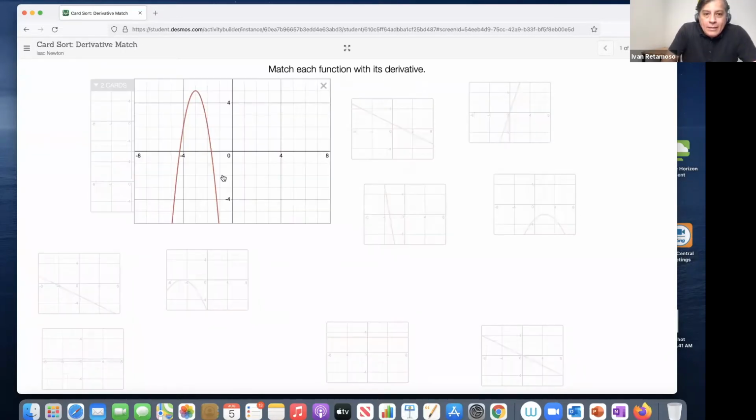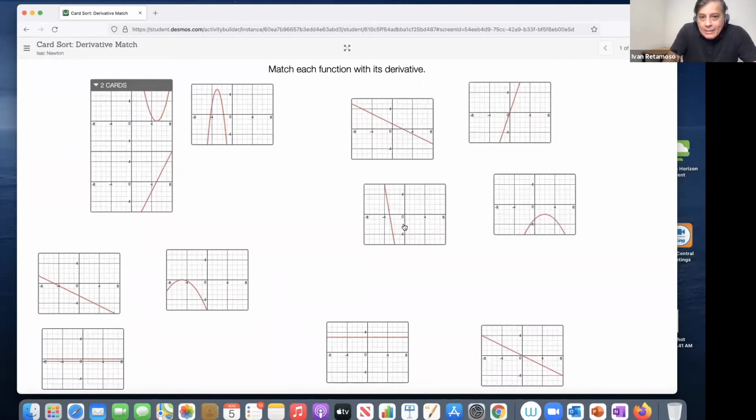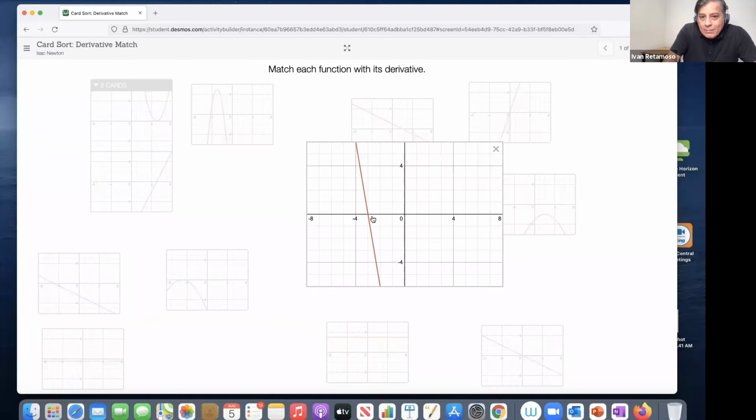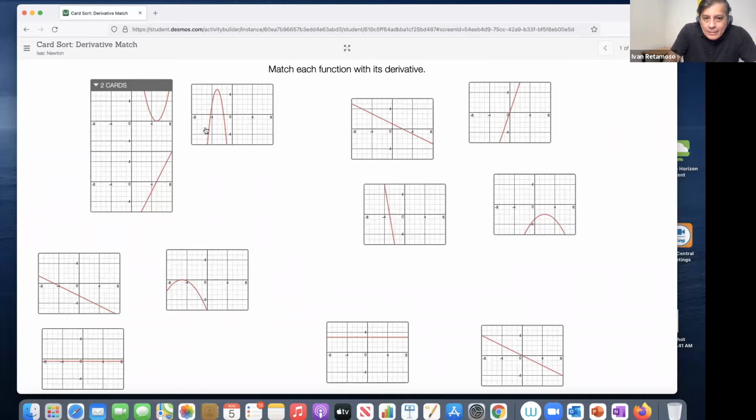Look, this one has its vertex at x equal -5. There, the derivative should be 0 because the tangent line is horizontal. This one at x equal -5 is precisely saying that. And right before, the derivative is positive, because from left to right you are going up.